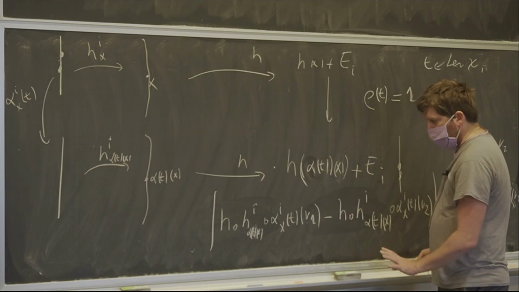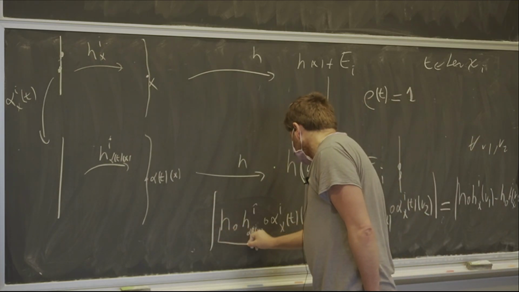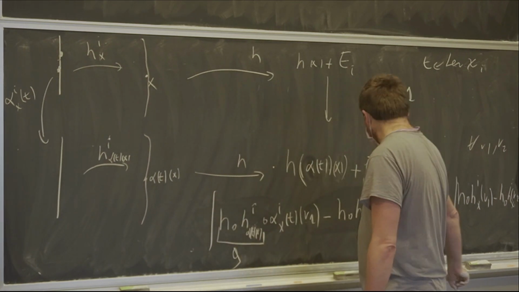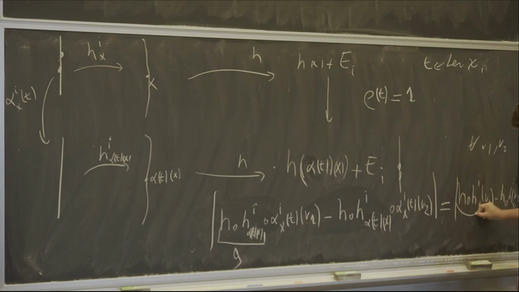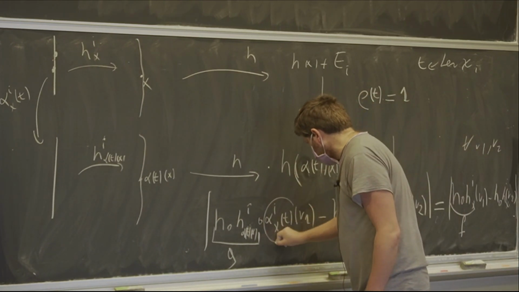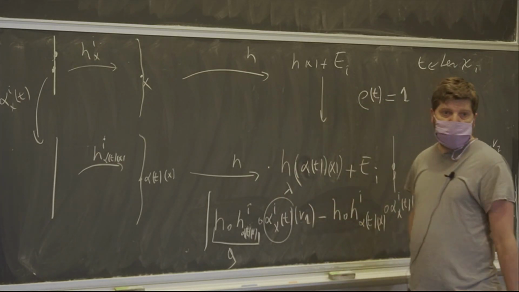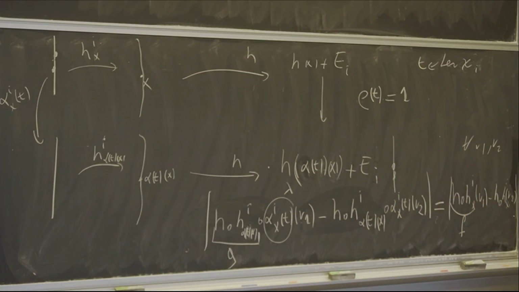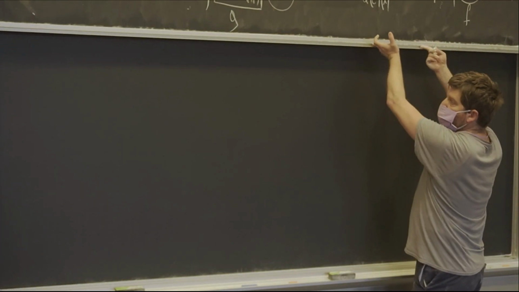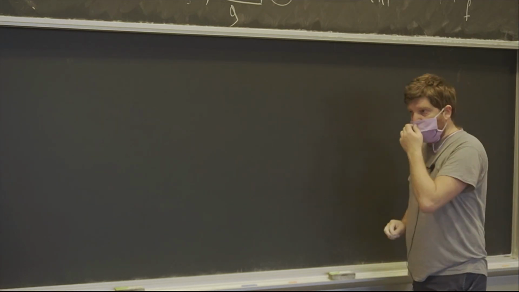Now let's call this guy here G. Let's call this guy here F. Let's call this number lambda. Okay, so what do we have here? Let me just do the abstract calculus lemma.